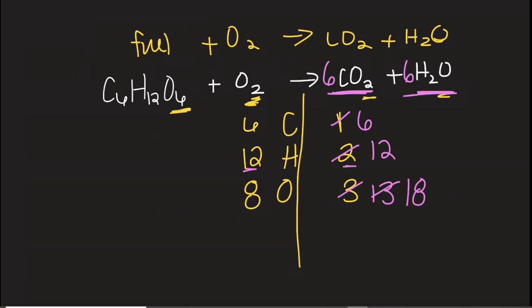And so now we're going to come back over to this side. And what I see here is I have my 6 oxygens and 2, right? So that's how we got our 8. So what can we put in front of this to make it equal that 18? Hopefully you're saying 6. So if we do that, then now I have 12 coming from right here and 6 over here, and we are now balanced. So it is a 1 to 6 to 6 to 6 mole ratio.